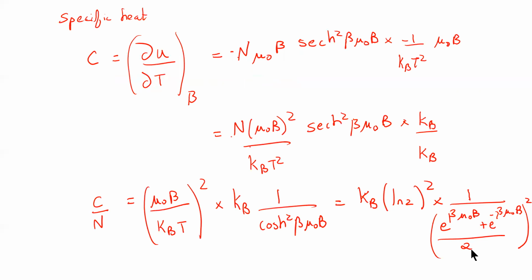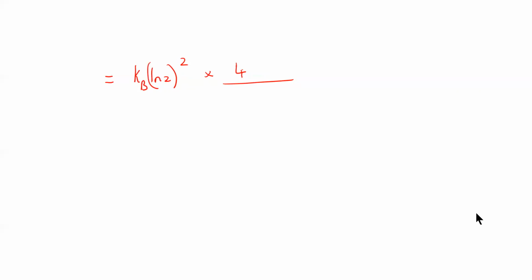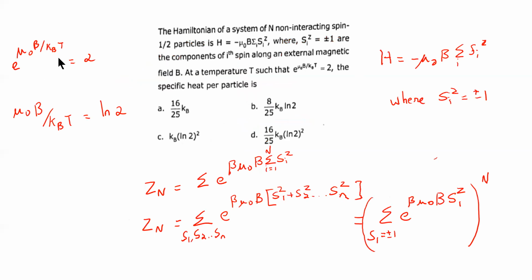The 2 I'm squaring and taking upstairs, and the denominator I am simplifying and writing in this fashion. You can check that this is the same as this. Beta I will write as 1 by kB T. We know what e to the power of mu naught B by kB T is at temperature T; we just checked in the question that it is given as 2.